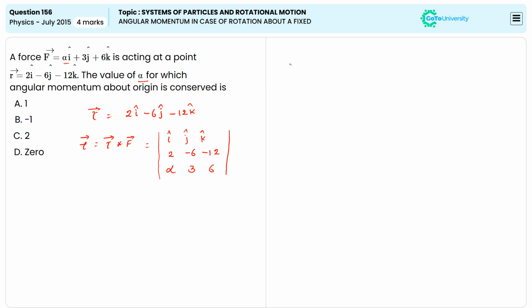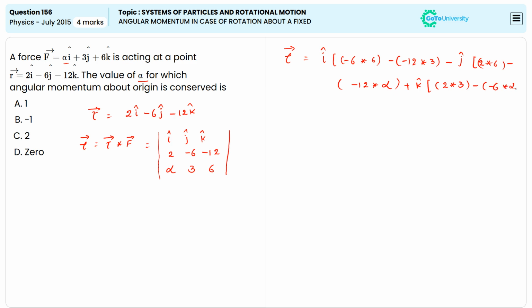Then by simplifying, we get the tau vector equal to: i cap times minus 6 into 6, minus minus 12 into 3, minus j cap times 2 into 6 minus of minus 12 into alpha, plus k cap times 2 into 3 minus of minus 6 into alpha.